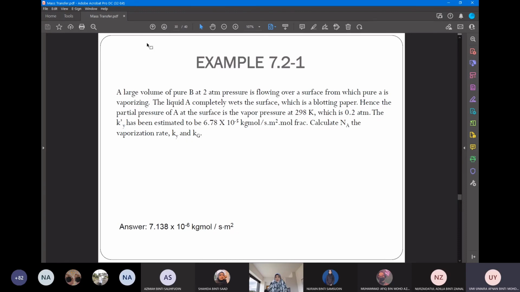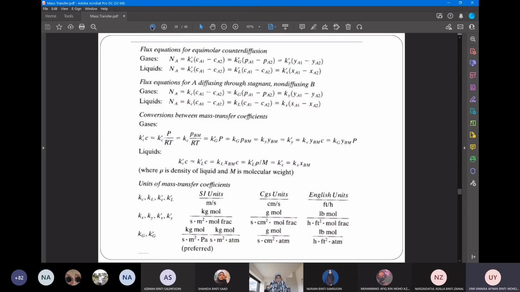In this case they use Kg, but you can refer to your textbook. What is Kg? Here we have a relationship of Kc and Kg.